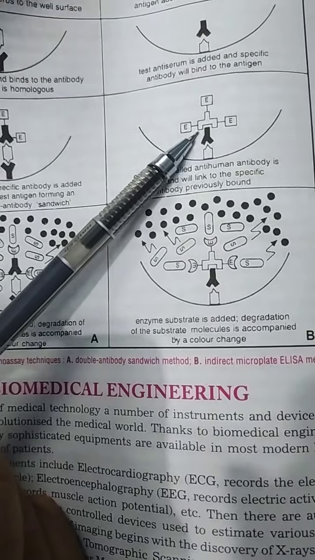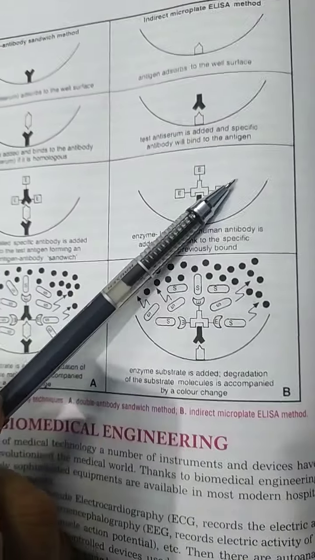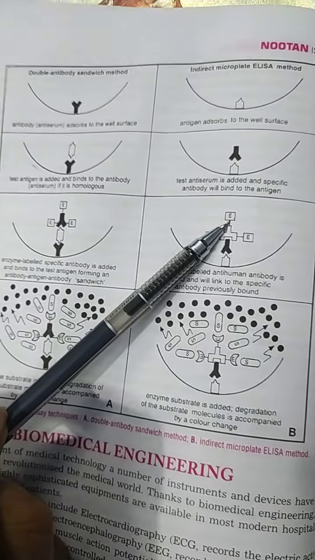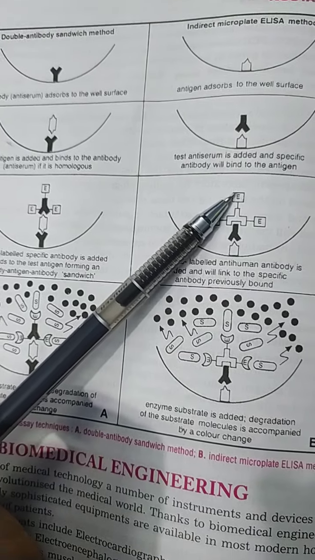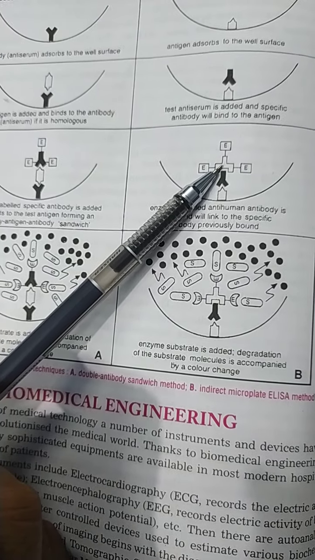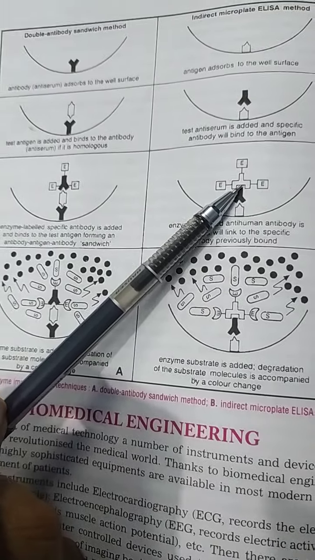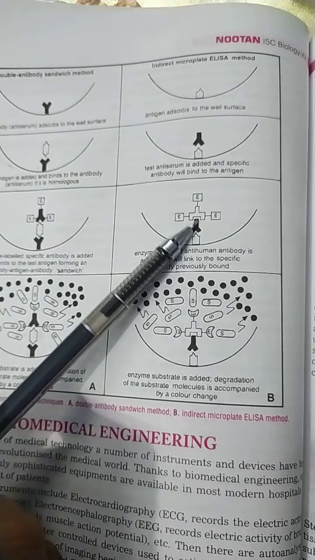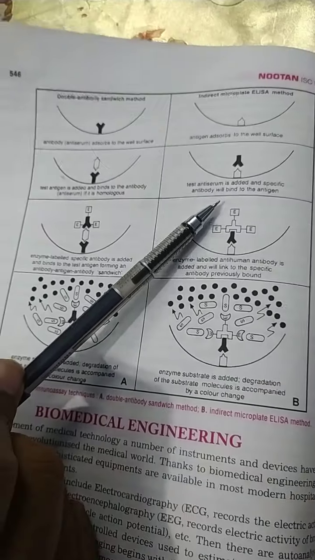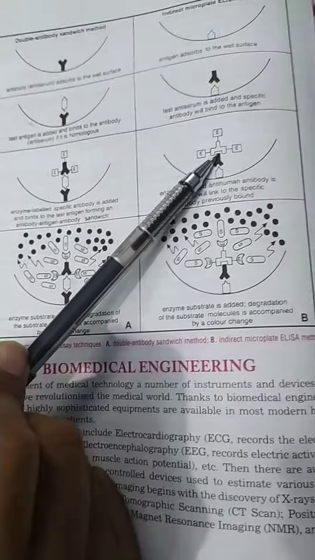So this was the antibody, and this anti-human enzymatic system comes and attaches itself to the antibody antigen complex. It comes and fixes itself on top of it.